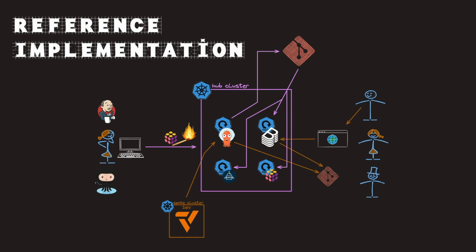Backstage then renders the golden path, which our platform engineering team created, and creates a pull request in a Git repository. Then the platform engineering team or another person can look at this pull request and say, yes, that's fine, I'm going to approve this. The moment it gets approved, Argo CD sees a change and then deploys the definition of the vCluster to our hub cluster.